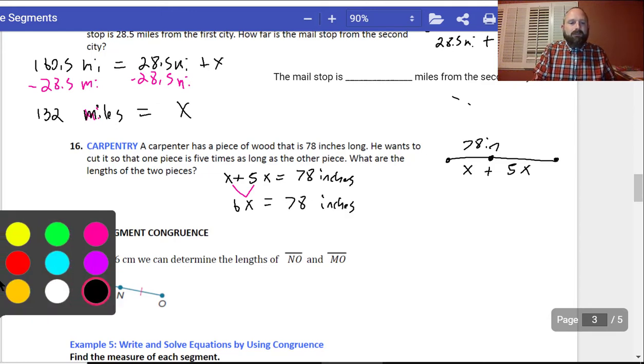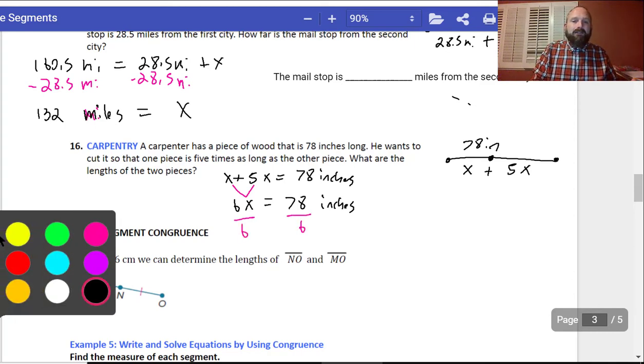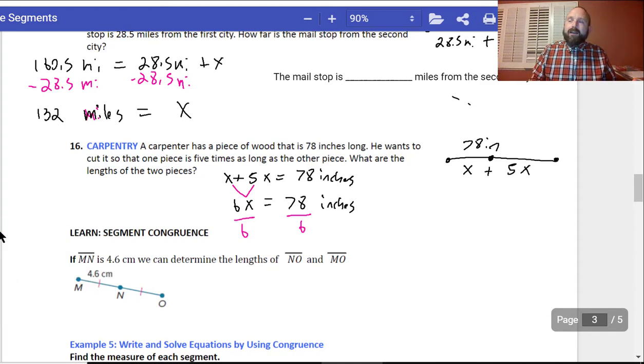What is 6 doing to x? It's multiplying, so we divide by 6 on both sides, and we get 13. So x is equal to 13 inches.